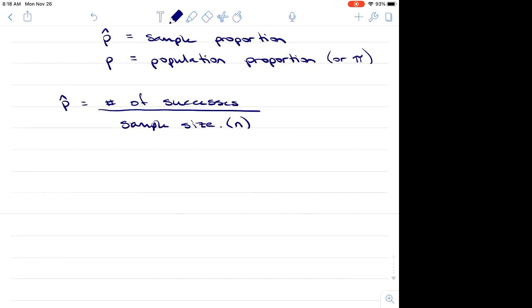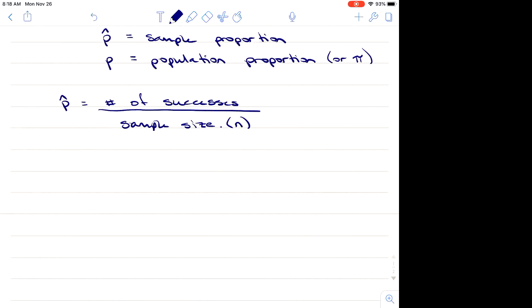What's fun about proportions, if you think about it long enough, it's going to kind of blow your mind, is that even though it's categorical data, with enough of a sample size, these values are actually going to follow a normal distribution. And that's how we can calculate probabilities again, right?